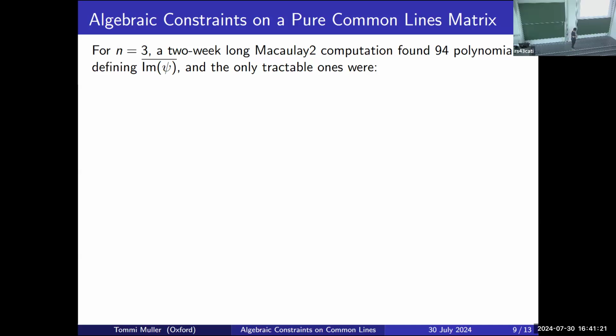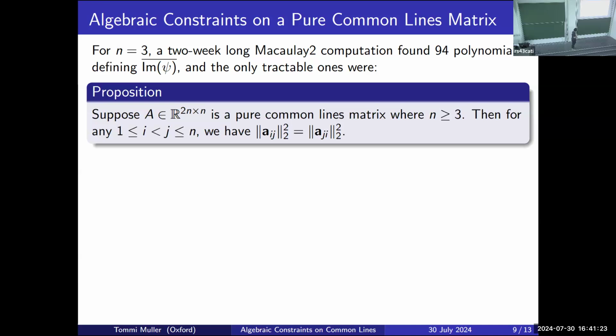However, there are a few that are tractable, that have a nice interpretation, and that are actually manageable. The first one is that for any n, not just n equals 3, a pure common lines matrix satisfies the condition that its entries opposite the diagonal have equal norm. So this gives you one set of quadratic constraints.